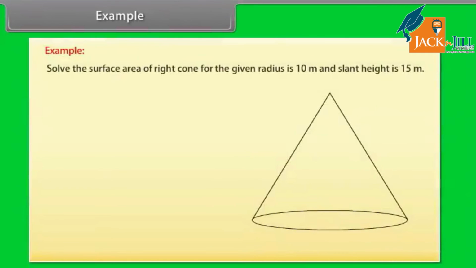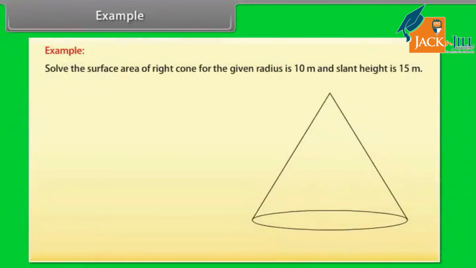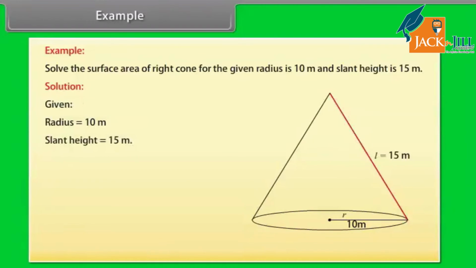Example: solve the surface area of a right circular cone for the given radius of 10 meter and slant height of 15 meter. Solution: radius and slant height, which are 10 and 15 meter respectively, have been given. We have to find the surface area. We know that surface area of a right circular cone is equal to πr(L + r).